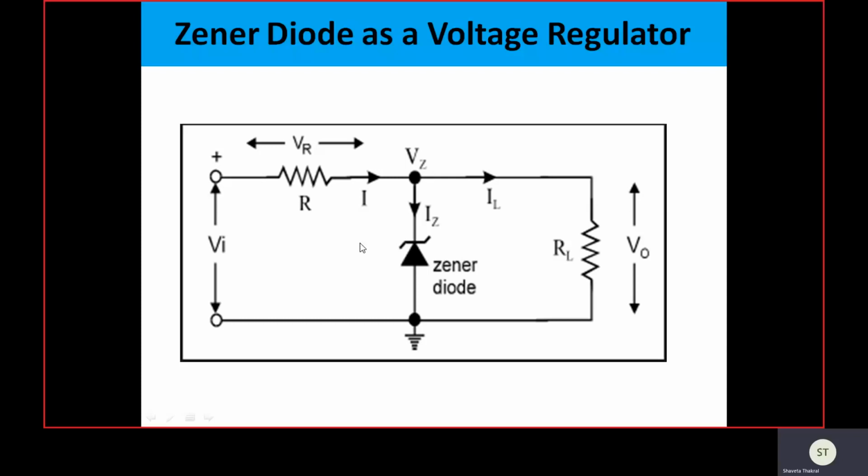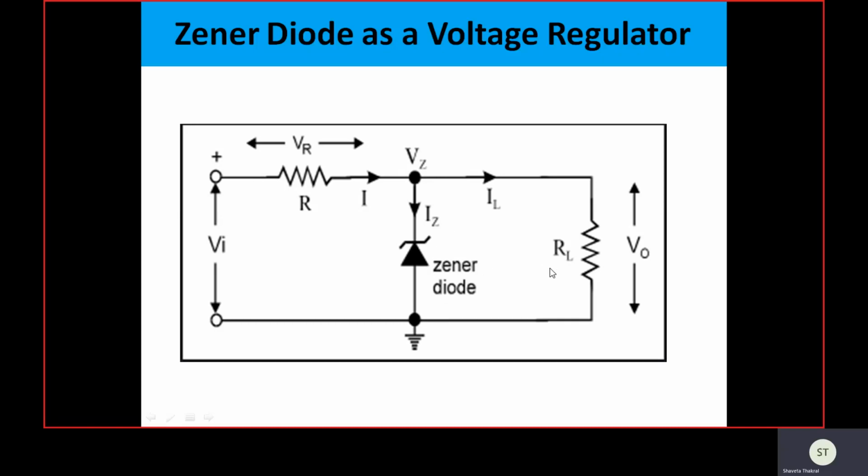If the voltage in the circuit becomes high, at that particular high voltage there will be breakdown of this diode, and once the diode breaks down, the voltage becomes constant and the current shoots up.